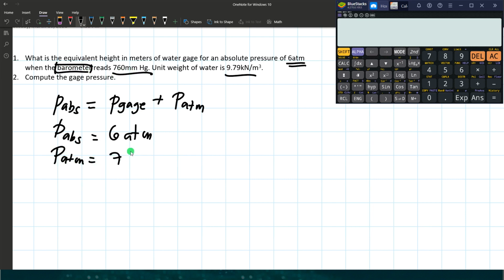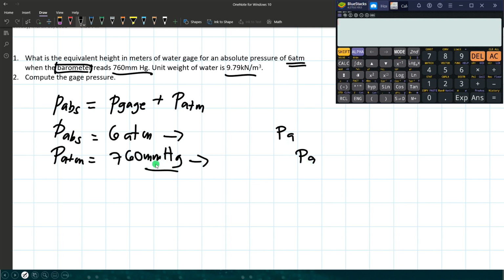So we have 760 mm of mercury. Atmospheric pressure is expressed in mmHg. It means that we have a pressure head of 760 mm of mercury, but they also use this as the unit of pressure. So for us to have consistency of unit, we convert this to Pascal.